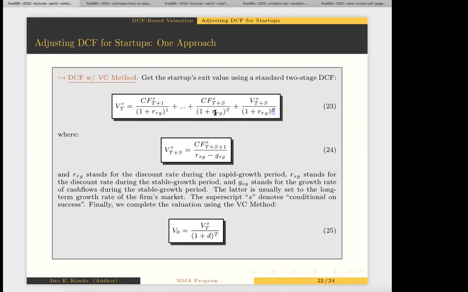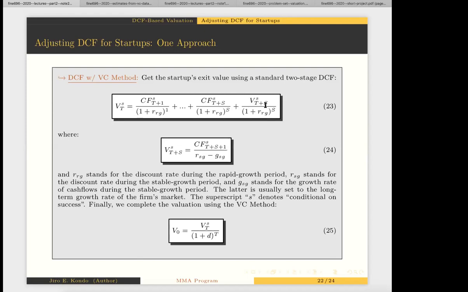Okay, so one way to think about the value of this company at time t is, if you own the company at time t, you would get this cash flow at time t plus 1. You would get this cash flow at time t plus s. Now let's assume that right after this cash flow was paid to you, one instant later, so it's still at time s, you would sell the company.